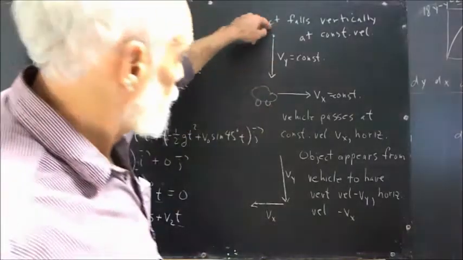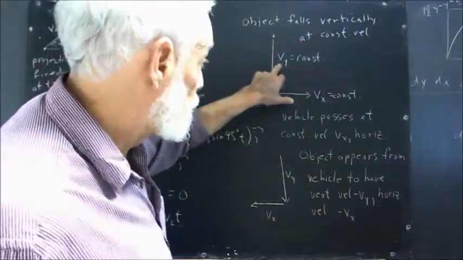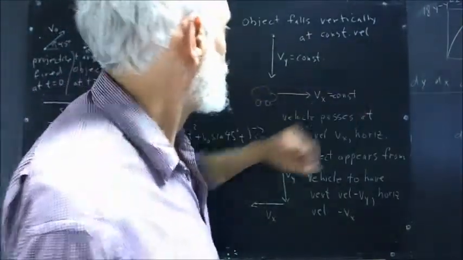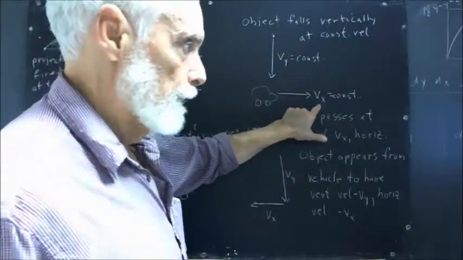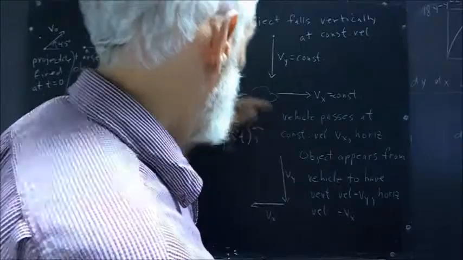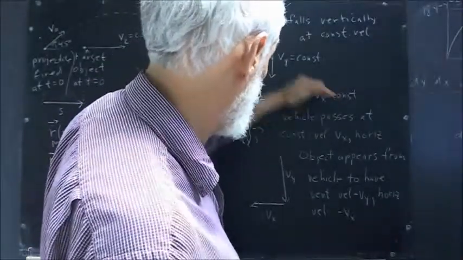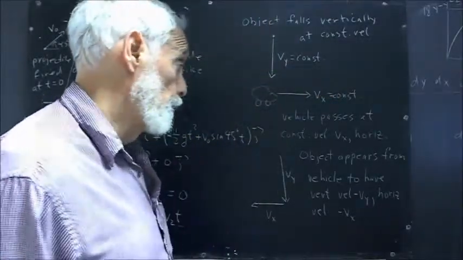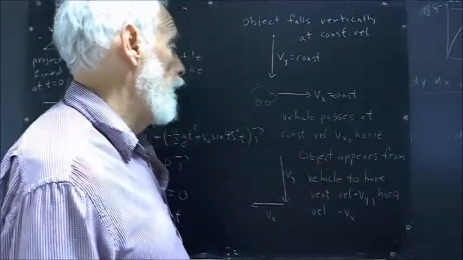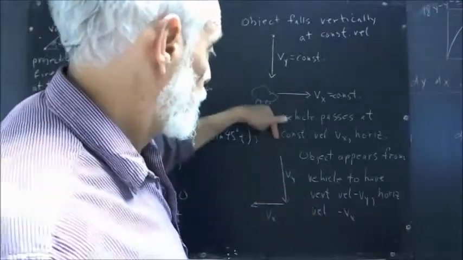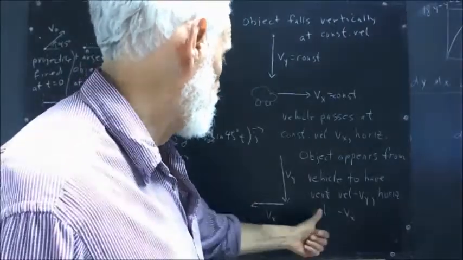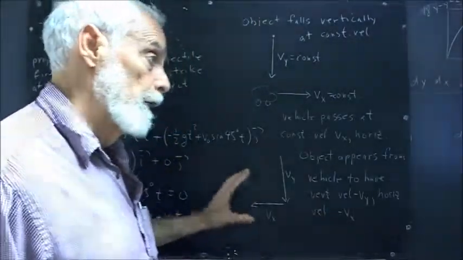If an object is falling vertically at constant velocity of magnitude Vy, and a vehicle is passing this object at a constant velocity of magnitude Vx, so the vehicle is moving in the horizontal and the object is falling in the vertical direction, then from the vehicle, the object appears to have vertical velocity, in this case negative Vy, and horizontal velocity negative Vx, the way the picture's been drawn.